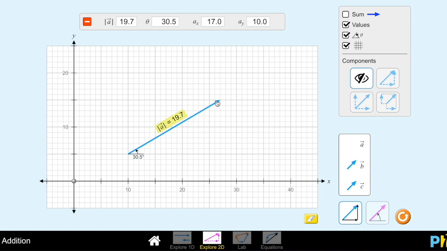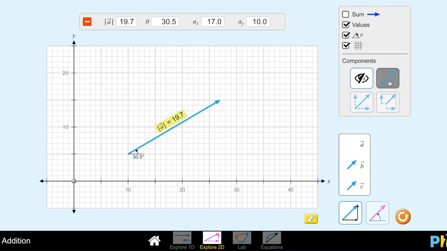So this may take a little bit of playing around, and yeah, that seems pretty good. 30.5 degrees, 19.7 is the magnitude, that's the length. And that seems pretty reasonable. So this AX here actually is our x or horizontal component is 17, and this AY is the vertical component or 10.